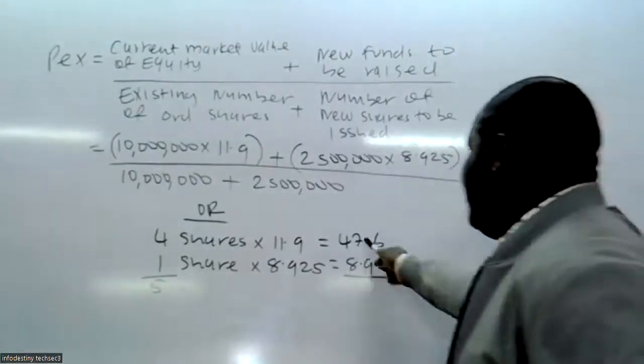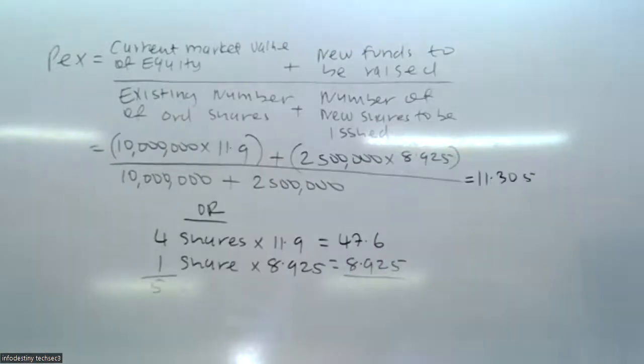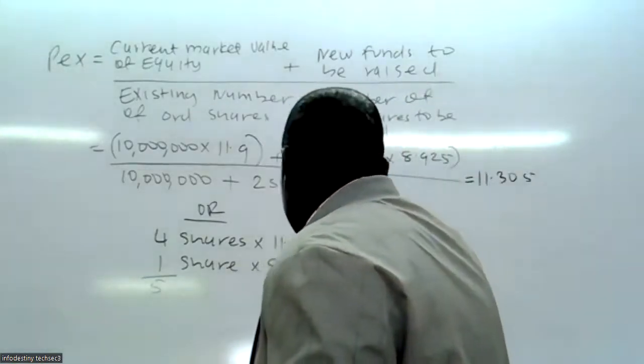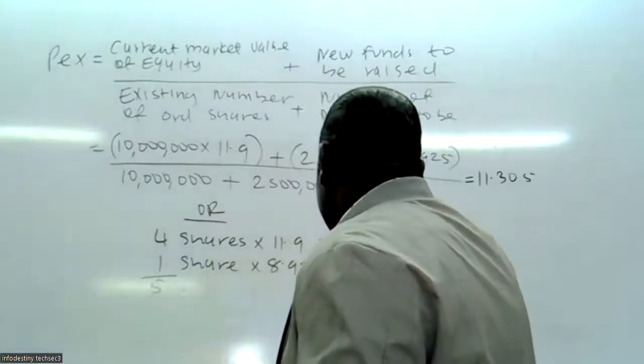Then when you add 47.6 plus 8.925, it gives 56.525.